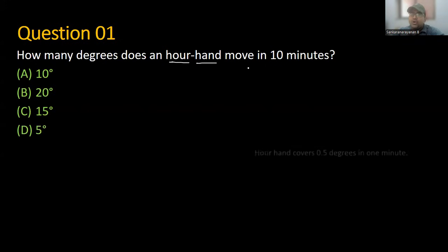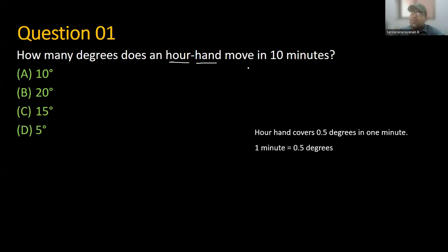We all know that the hour hand covers half a degree in 1 minute. Which means that when 1 minute is over, the hour hand would have covered half a degree. If A implies B, here B automatically implies A. That's the reasoning I have used here.